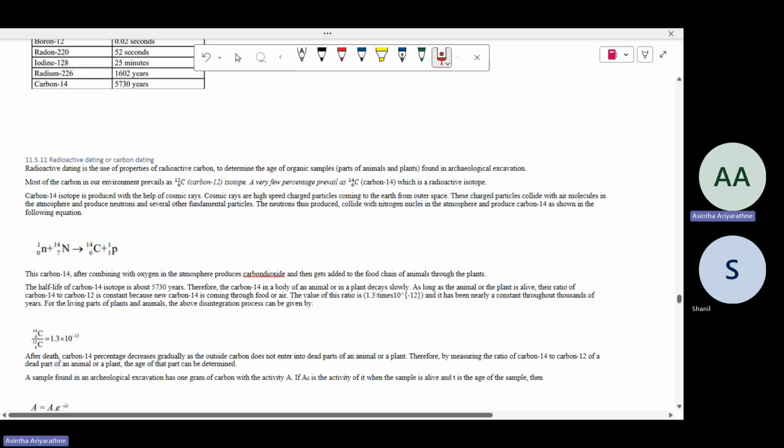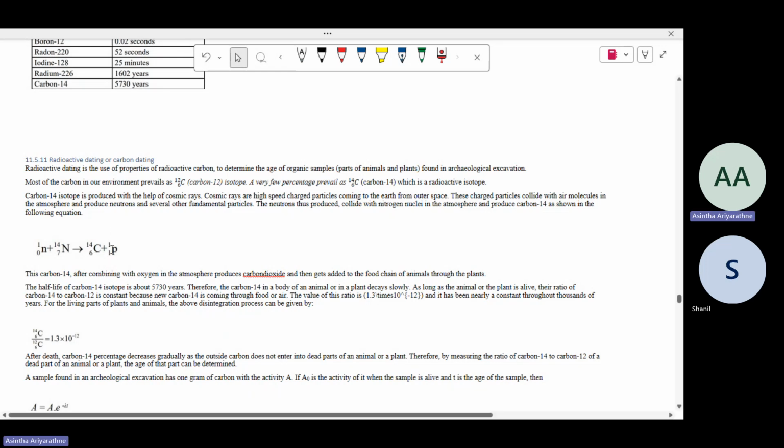That's how carbon-14 isotopes are formed, basically in the atmosphere. Then the formed carbon-14 isotopes combine with oxygen and form carbon dioxide. Then carbon dioxide is in the food chain, and then we eat.